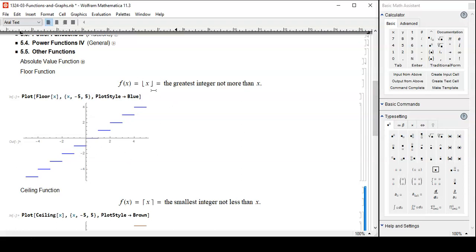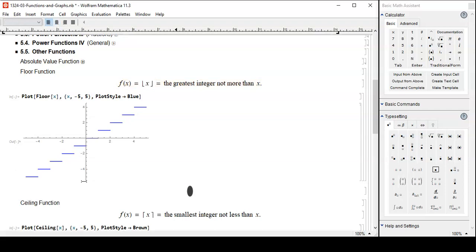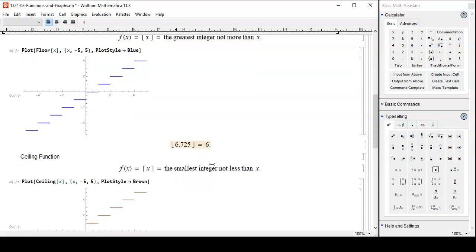In the simplest case, for the floor of a certain decimal, we simply take the integer part. For example, like this, 6.715 is just 6, taking the integer part. And the ceiling function is similar.